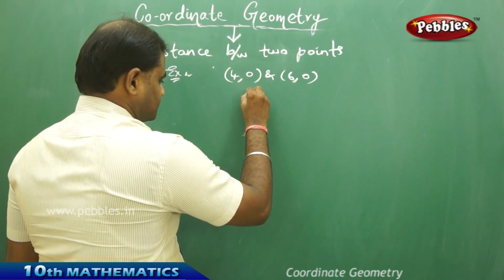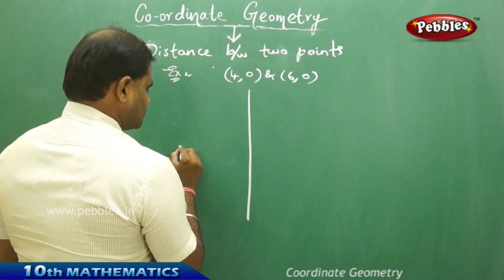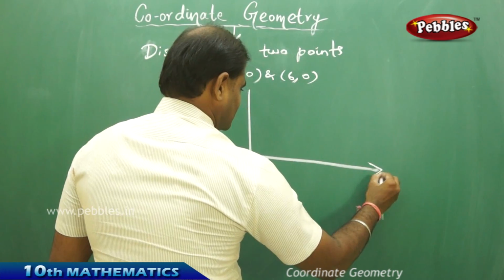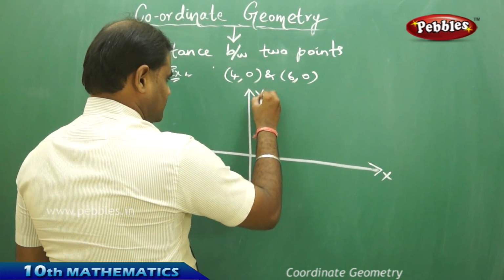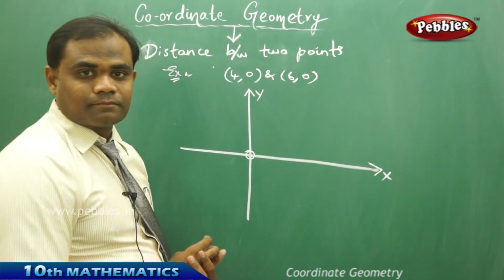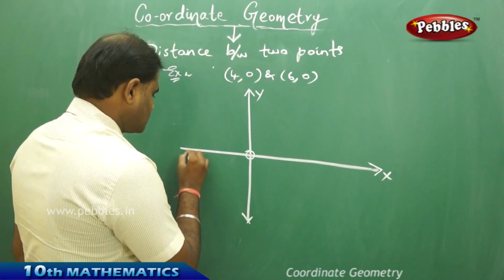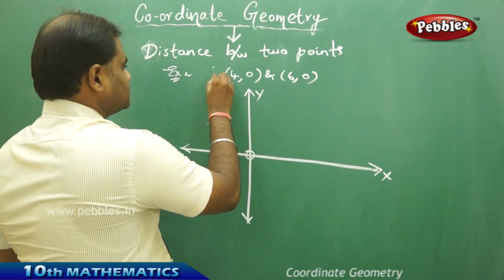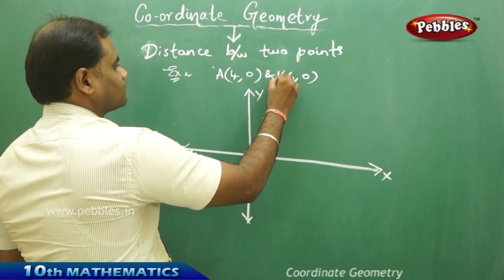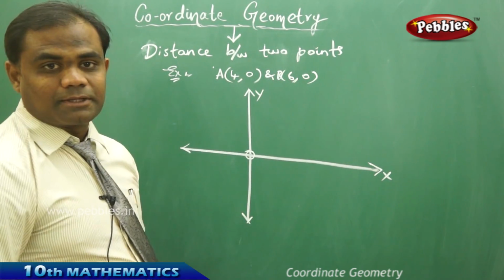So when I take the x-axis, the y-axis and the origin, initially I plot A and the point B respectively.